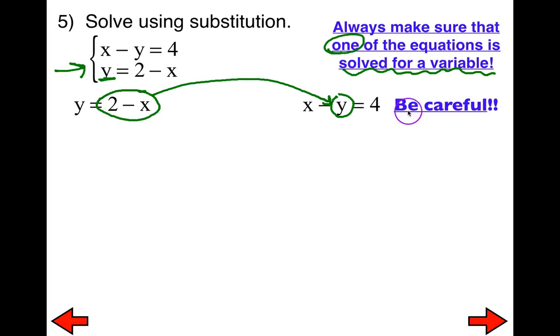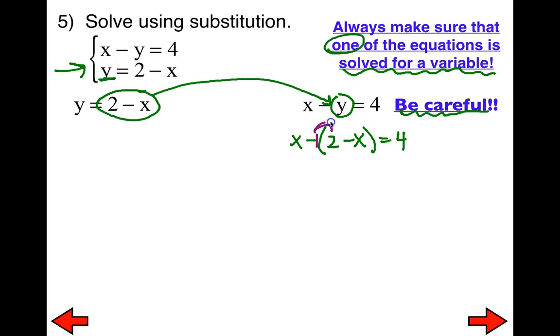Now here you have to be very careful. Let me show you. I'm going to put x minus, and put parentheses with the value in for y, which is 2 minus x, equals 4. Now what's in front of this parenthesis? It's a negative 1.